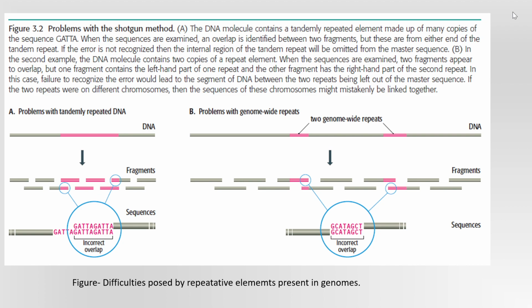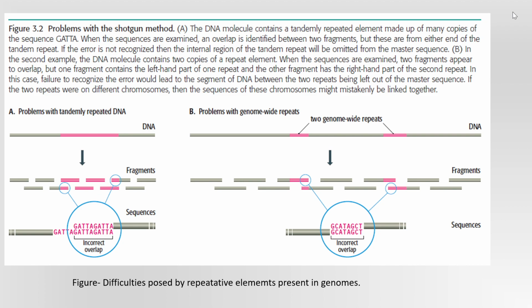And plants have tandem repeats as well as genome-wide repeats. Now, tandem repeats, while assembling, because these repeats are one after the other, one after the other, up to 100 times, you sometimes miss some places during assembly.